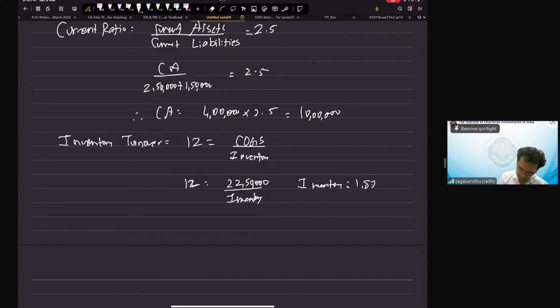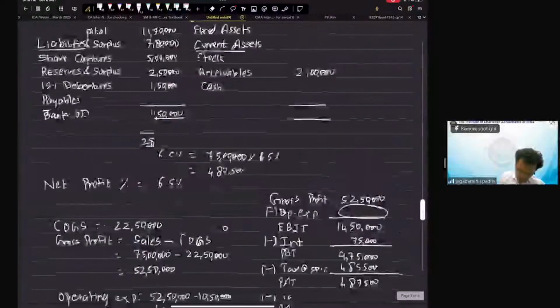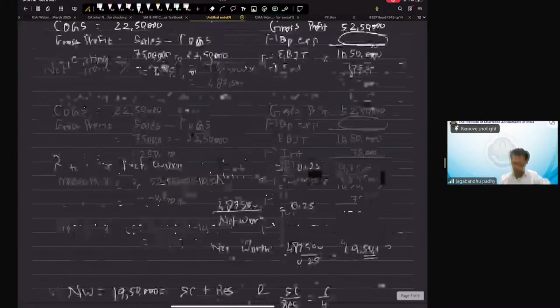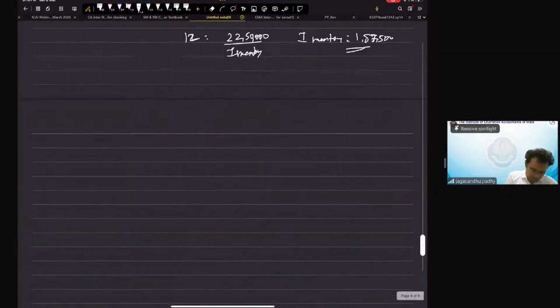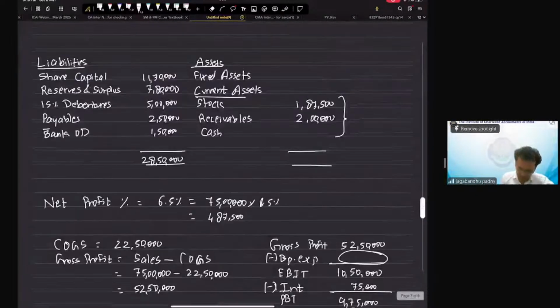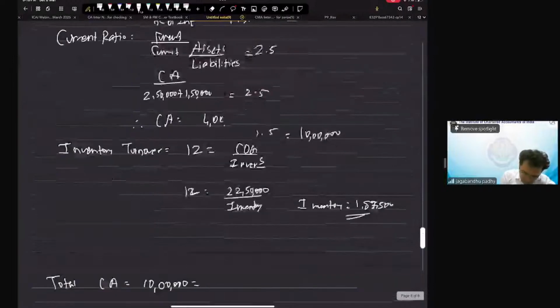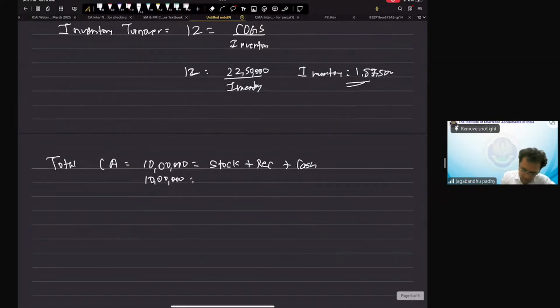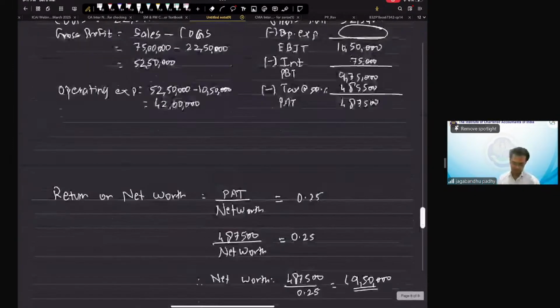Inventory is 1 lakh 87,500. Stock is 1 lakh 87,500. But we know that the total current asset is 10 lakh. And this 10 lakh is equal to stock plus receivables plus cash. 10 lakh will be equal to inventory of 1 lakh 87,500 plus receivables of 2 lakh.